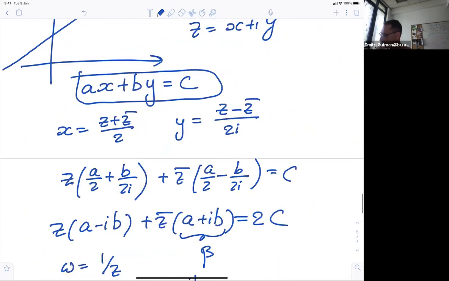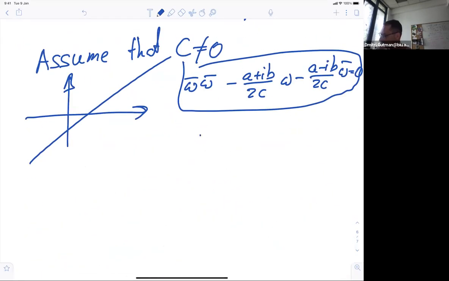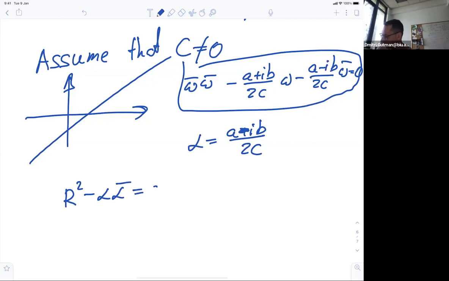So in this particular case, alpha is equal to (a minus ib) divided by 2c. Did we call alpha the coefficient in front of z bar? Yes, with a minus sign. Yes. So alpha is (a minus ib) over 2c. Then r square minus alpha alpha bar is equal to 0.